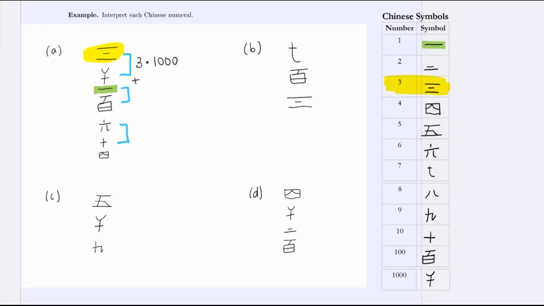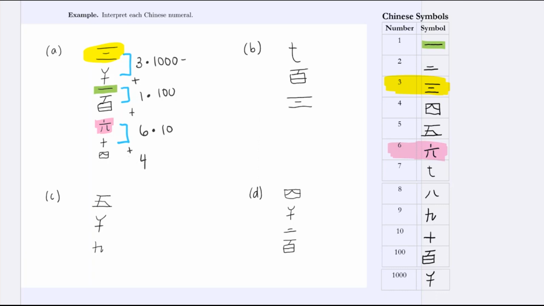So I've got 1 that I'm multiplying by 100 that I'm adding to. This, looking through, is the symbol for 6. So you've got 6 that you're getting multiplied by the symbol for 10. And then you're just adding 4 at the very end.